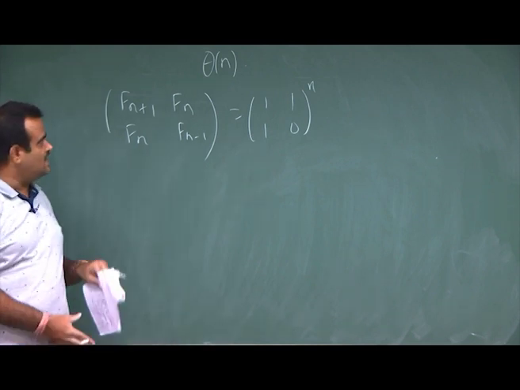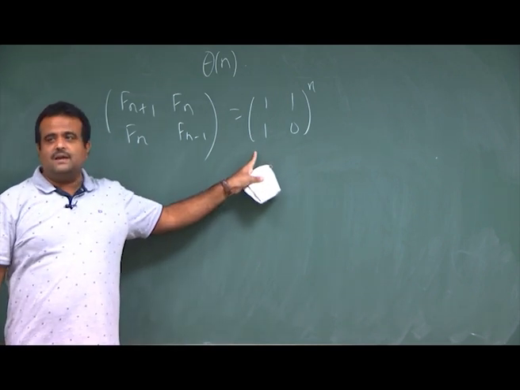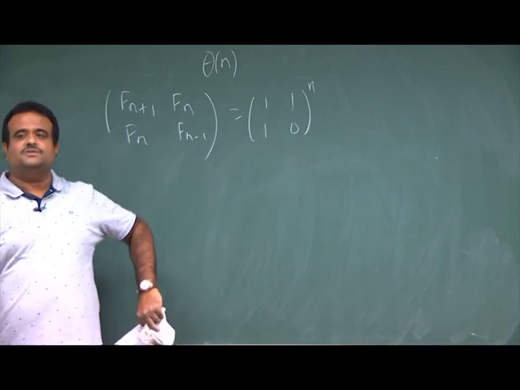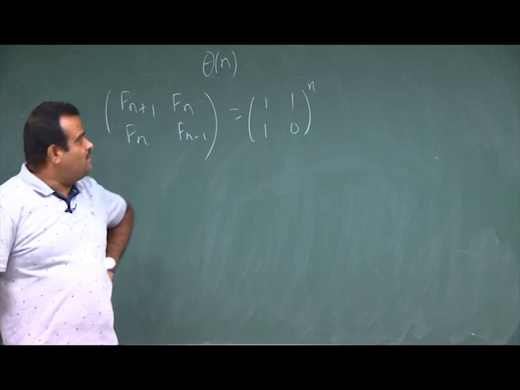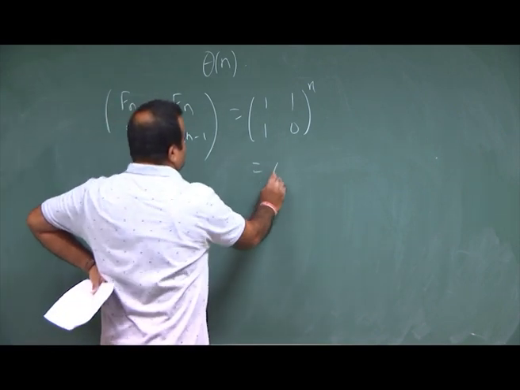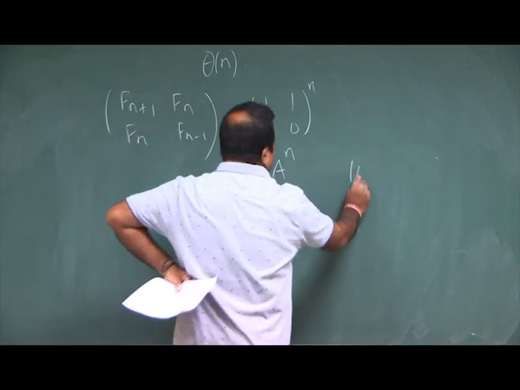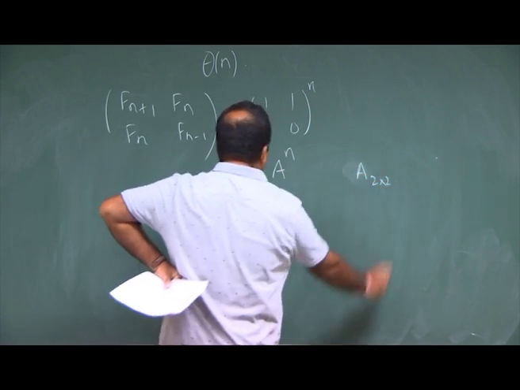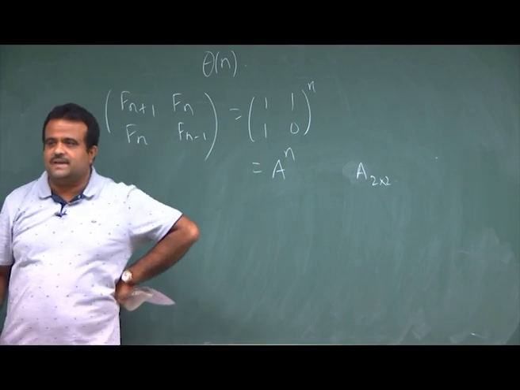This is kind of powering a number, powering a matrix, but this matrix is a constant matrix. So, this is some sort of A to the power n, but A is just a 2 by 2 matrix. So, it is kind of the same as powering a number.